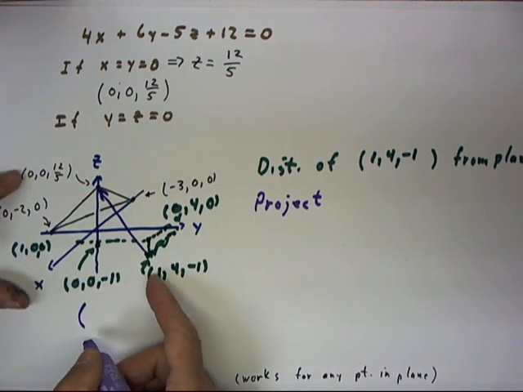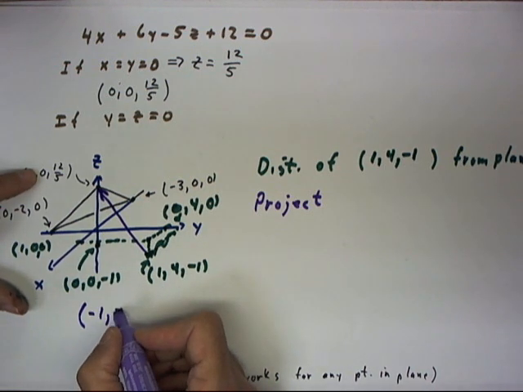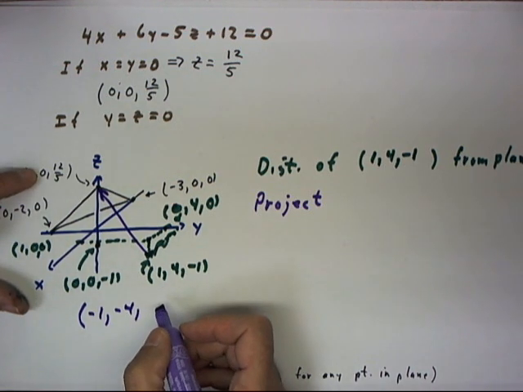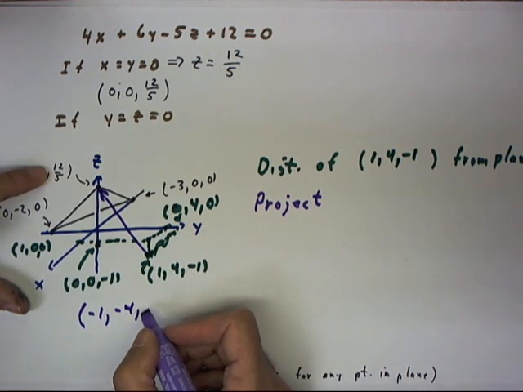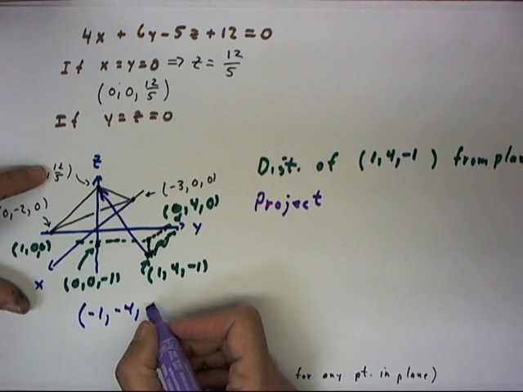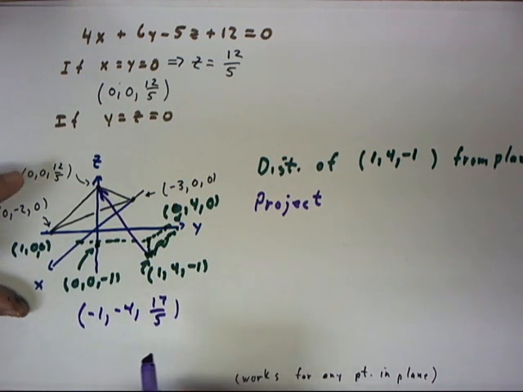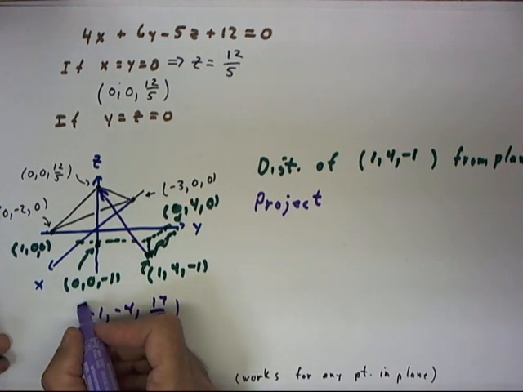Now this vector will be what? It'll be 0 minus 1, which is negative 1, 0 minus 4, which is negative 4, and 12 fifths minus negative 1, well, that's going to be 12 fifths plus 1, and that's going to give us 17 fifths, about negative 1, negative 4, 3 1/5.